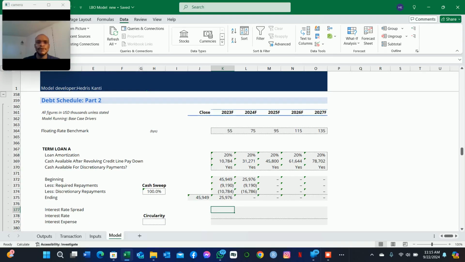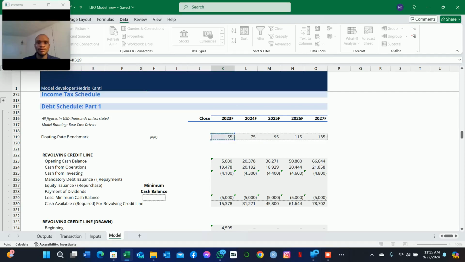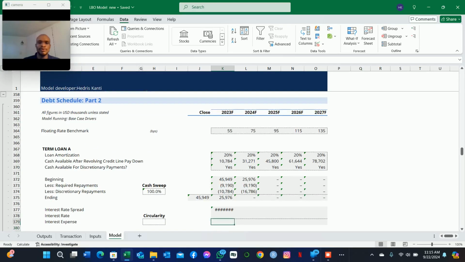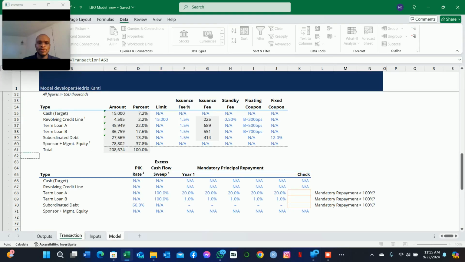So to calculate going forward, our interest rate spread is going to be equal to, we know that we had our floating rate benchmark. So we set that here to be equal to, we go to our transaction section where we had the coupon rate, where these lenders are comfortable.